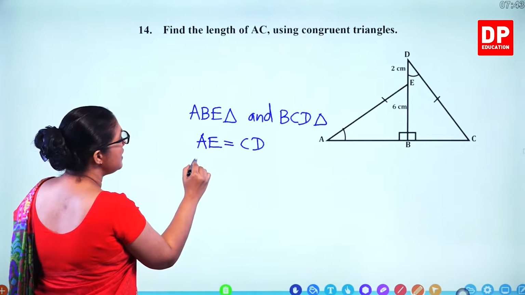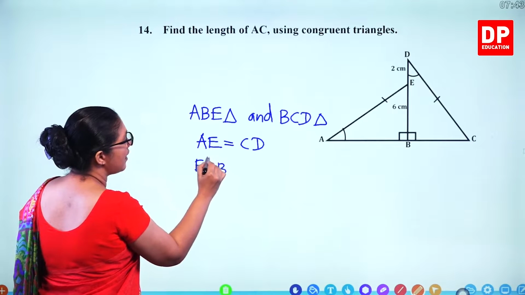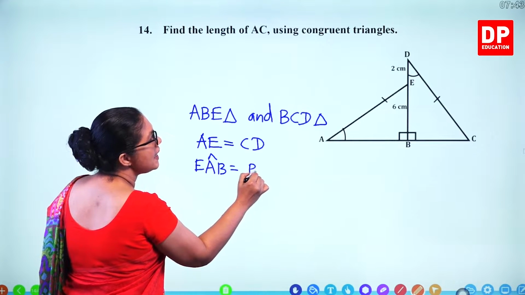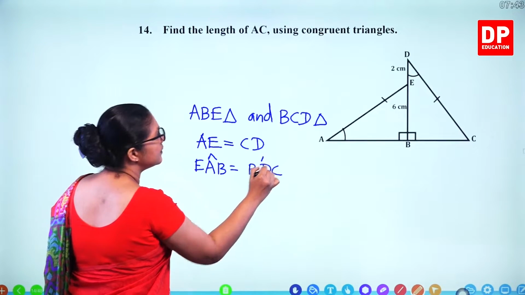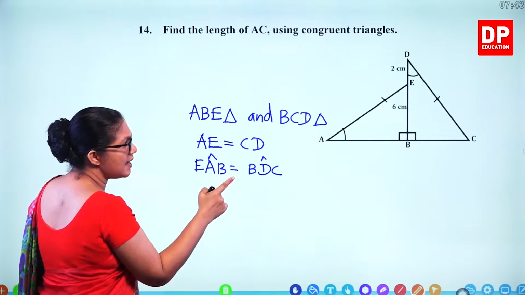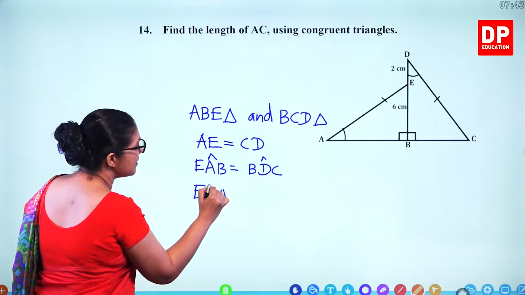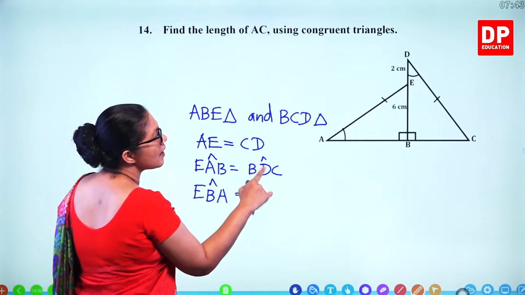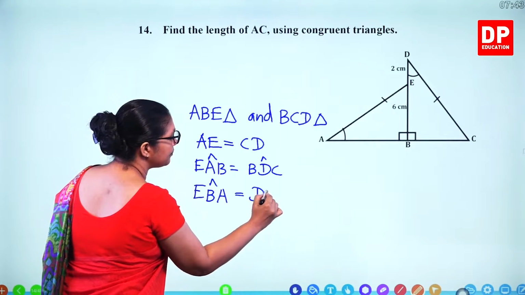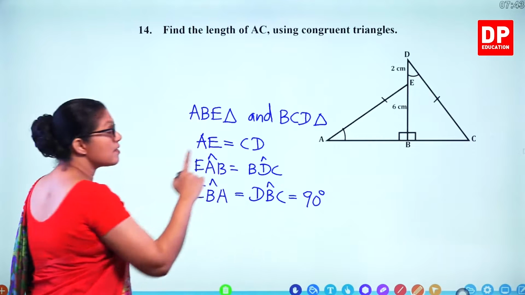And the angle EAB is equal to BDC angle. And also the angle is 90 there, EBA angle is equal to DBC angle. That's 90 degrees given. 2 angles and 1 length.